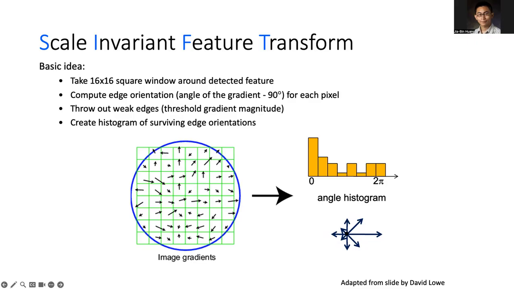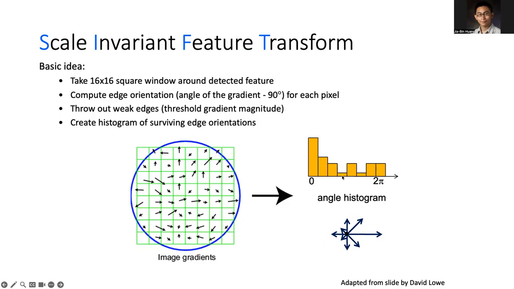With this information, the first thing you can do is compute a histogram. For each gradient vector, you have the orientation, ranging from 0 to 2 pi.